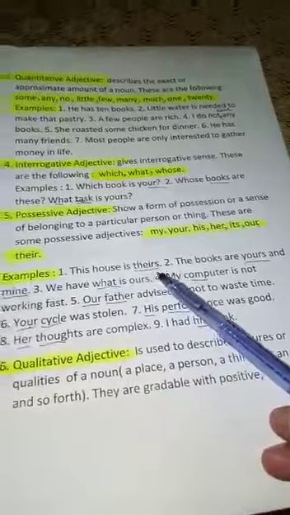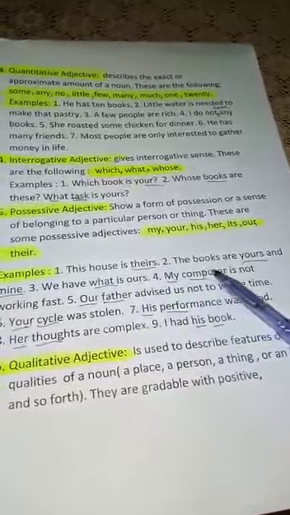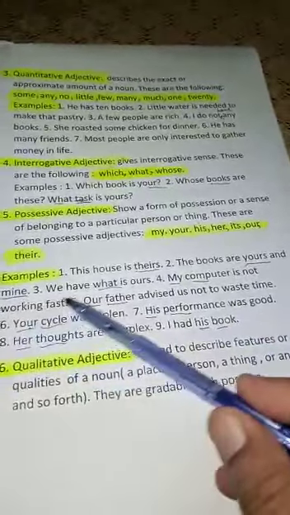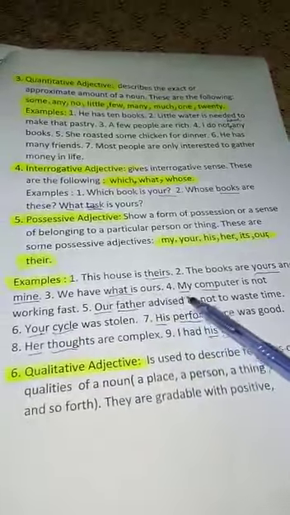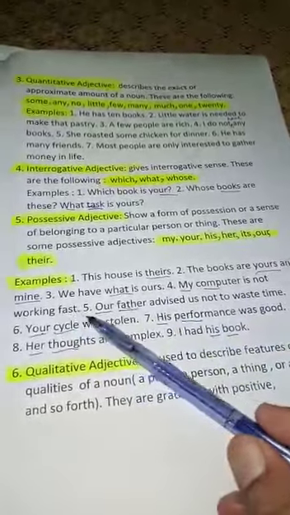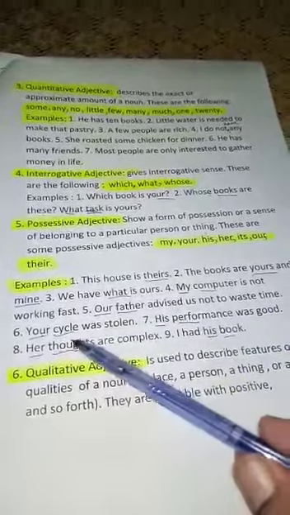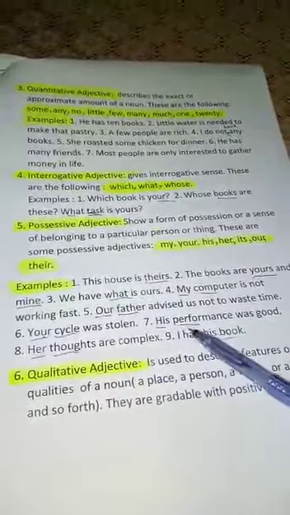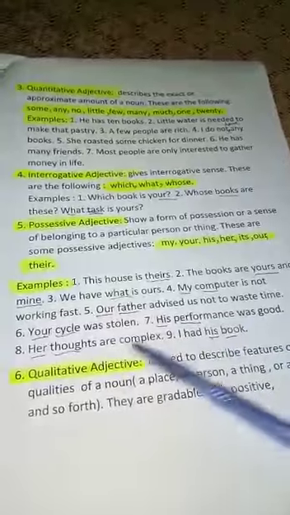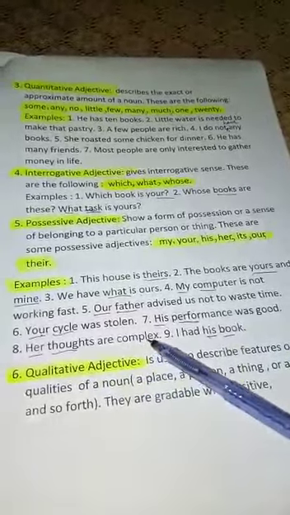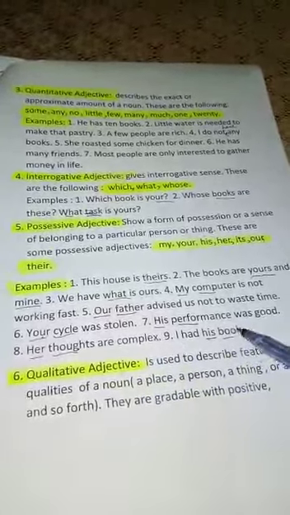This house is theirs. The books are yours and mine. We have what is ours. My computer is not working fast. Our father advised us not to waste time. Your cycle was stolen. His performance was good. Her thoughts are complex. I had his book.